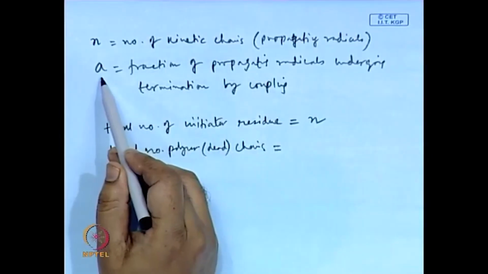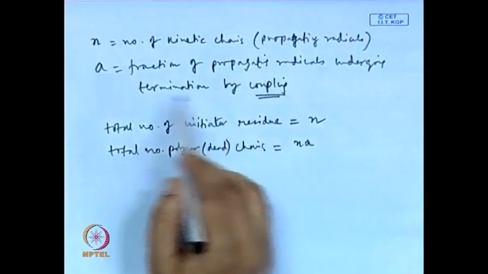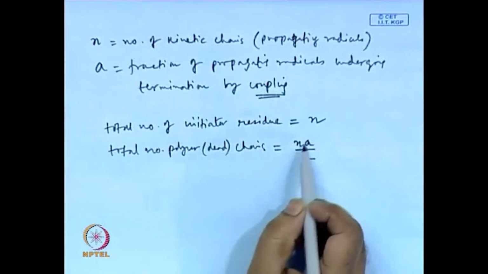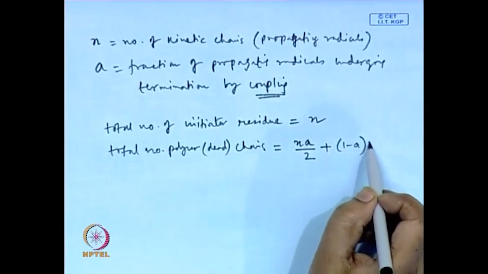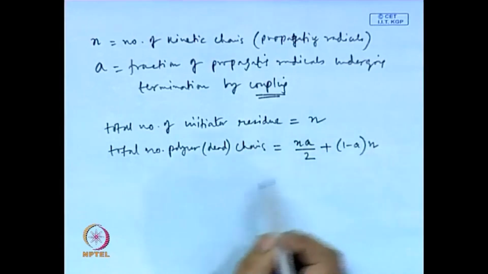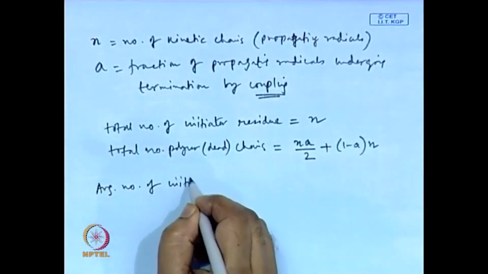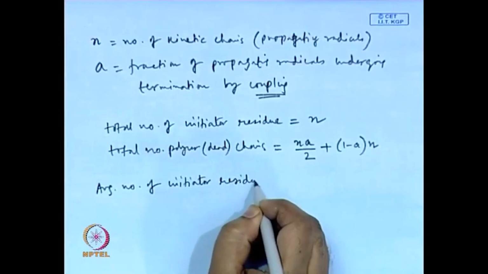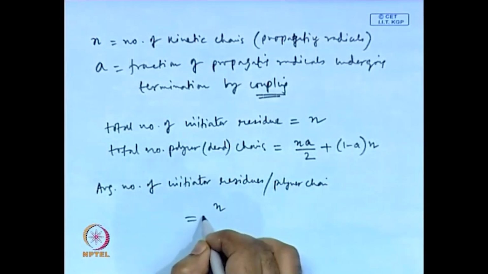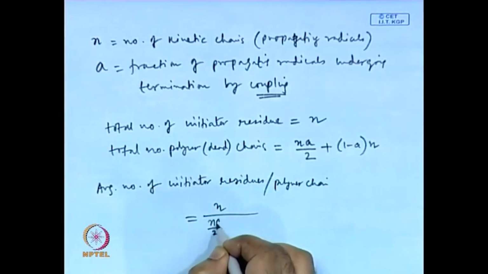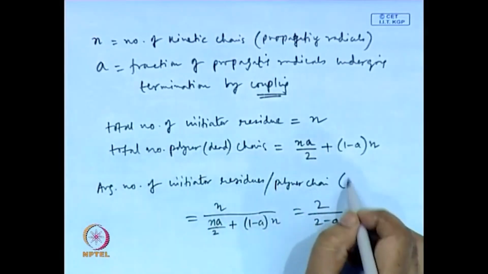A is the fraction, so NA is the number going through termination by coupling. 2 of them produce 1 chain, so NA will produce NA by 2 chains, and the rest, 1 minus A, undergoing termination by disproportionation, will form 1 minus A times N chains. So, the average number of initiator residues per polymer chain is given by N divided by NA by 2 plus 1 minus A times N. This we term as B.